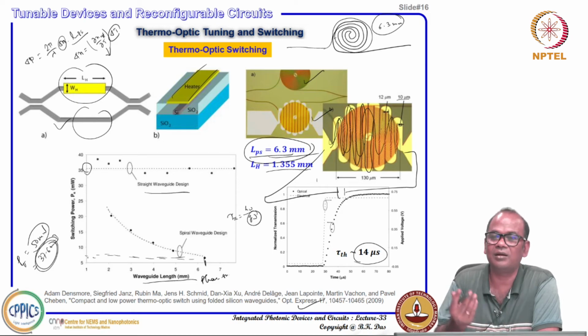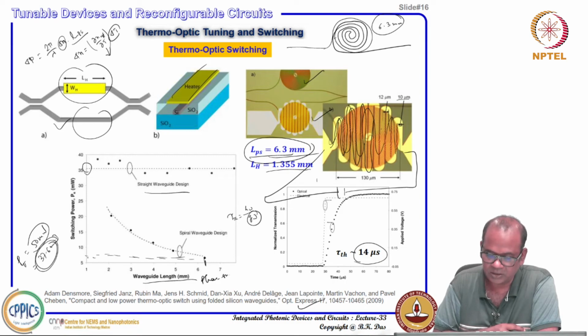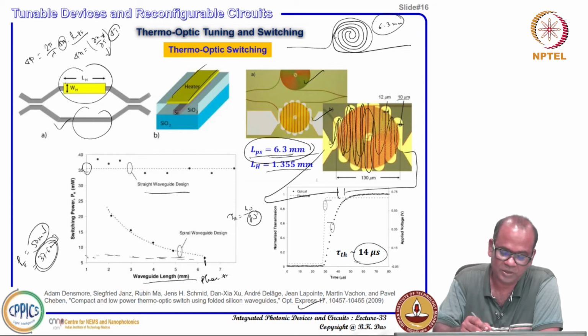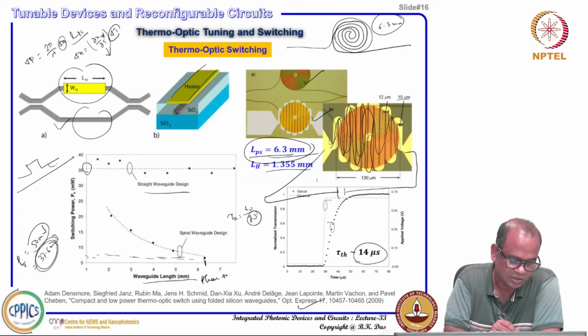There are many other types of phase shifters available also, but within the scope of this course I just restrict ourselves to these two types, type 1 and type 2, with metal resistive heater. Instead of heater deposition, one can think of a slab waveguide, for example a rib waveguide structure, where in one region, instead of metal deposition, you can dope.